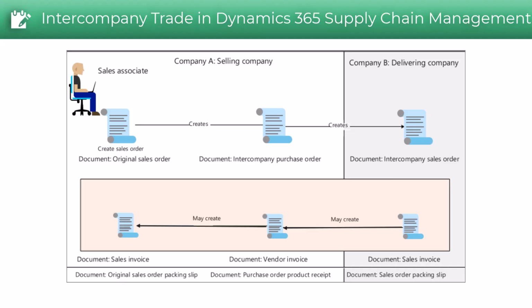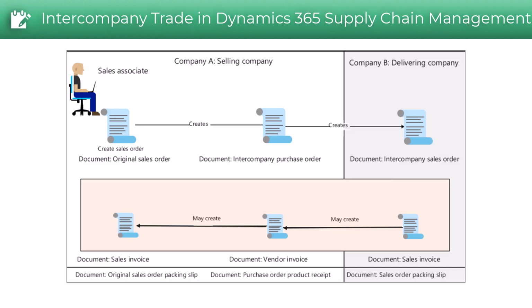Now I hope this intercompany process is a bit clear for you. Intercompany trade in Dynamics 365 automatically handles all the orders, documents and invoices between subsidiaries or legal entities. This ensures accuracy, reduces manual work and makes trading between the legal entities seamless.